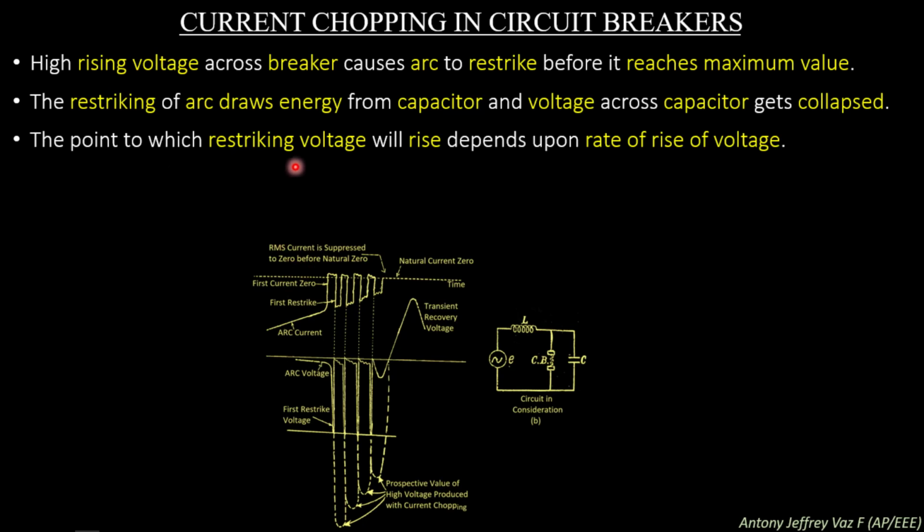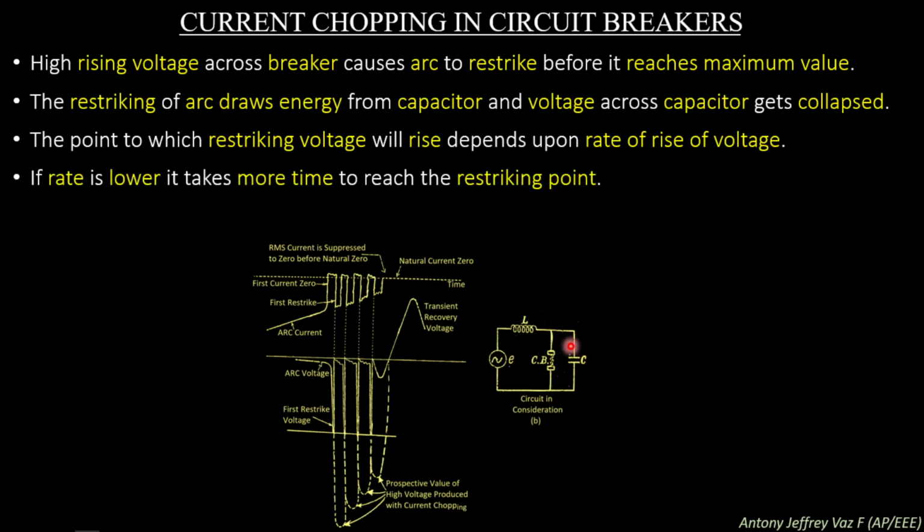The point to which the restriking voltage will rise depends upon the rate of rise of voltage. So the second restriking voltage depends upon the rate of rise of voltage in the capacitor C. If the rate is slower, it takes more time to reach the restriking point.